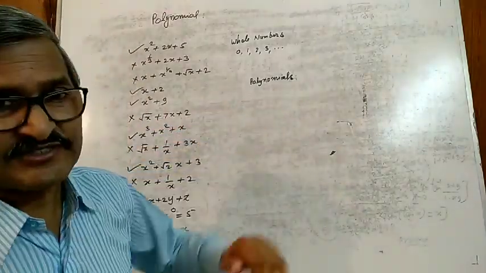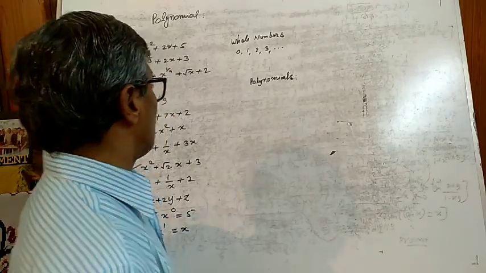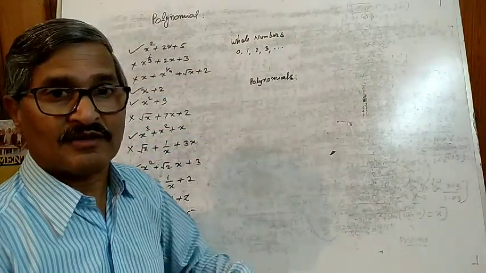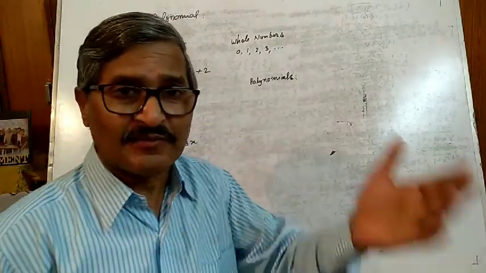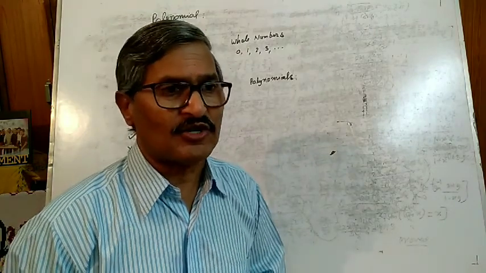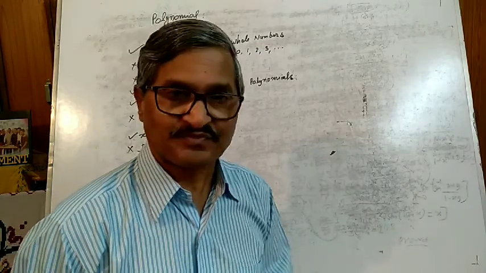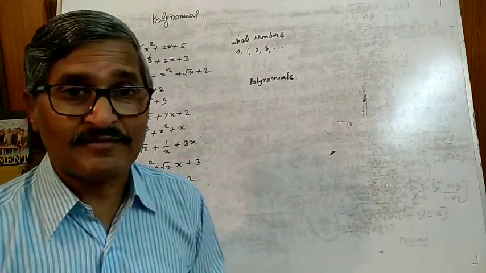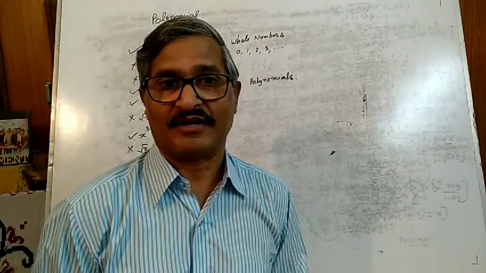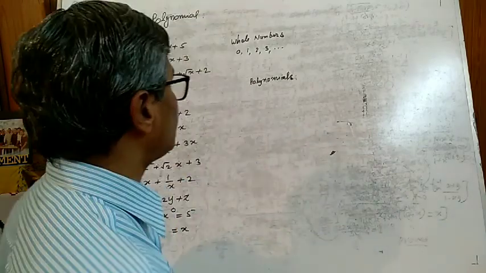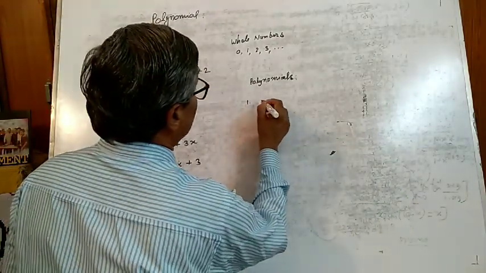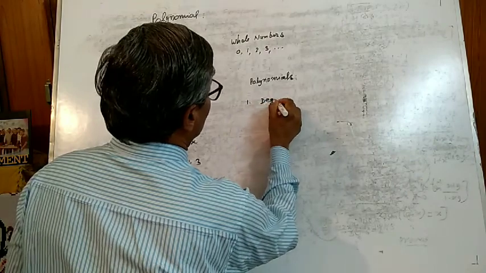Now next topic we are going to discuss in the polynomial. Now we are in polynomial, and in the polynomial what are the things we are going to discuss is degree of polynomial and zero of polynomial. First is degree of polynomial.